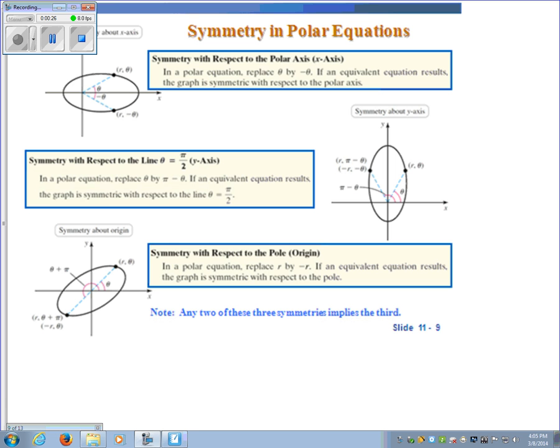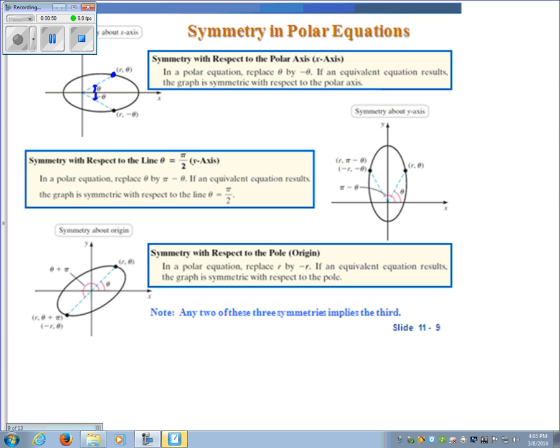Okay, so let's first look at symmetry with respect to the polar axis, which is our x-axis. What that means is that if we have a point up here in quadrant 1, we want to have the same point if we went the same angle clockwise. So the point up here in quadrant 1 would have the coordinates (r, theta), if theta is that angle rotated counterclockwise.